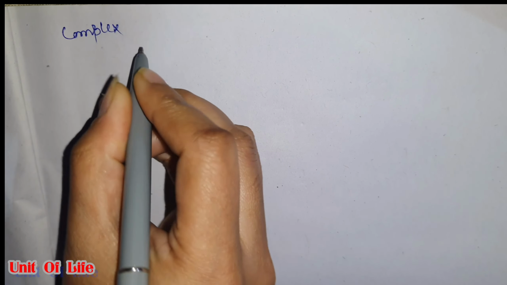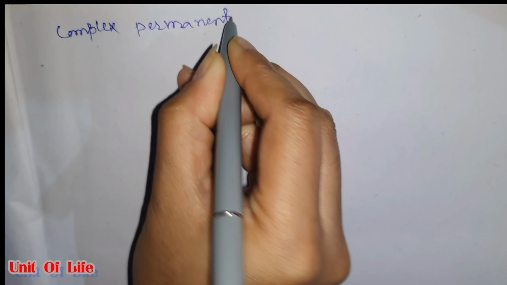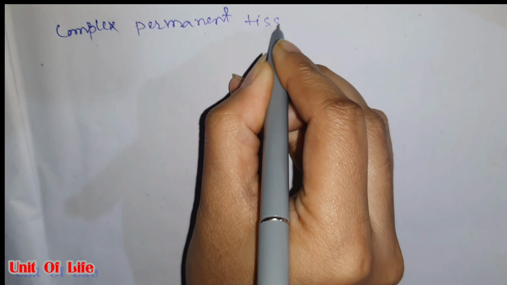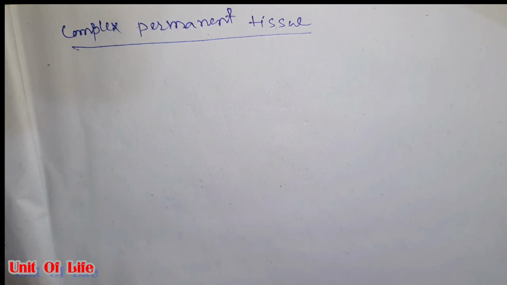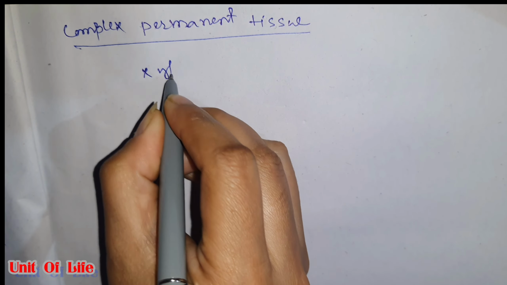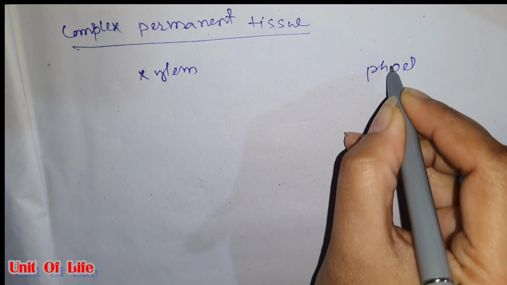Okay, then complex permanent tissue. Complex permanent tissue is made up of two or more types of cells that are specialized to perform a common function.